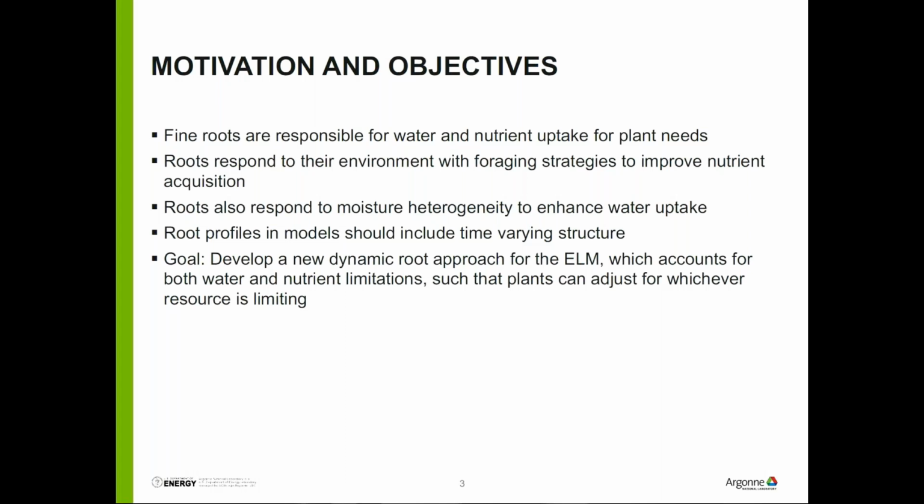So the goal of this project was to really develop a new way of modeling roots dynamically in the model that can account for both water and nutrient limitations, so that the plants can adjust to whatever resource is limiting.